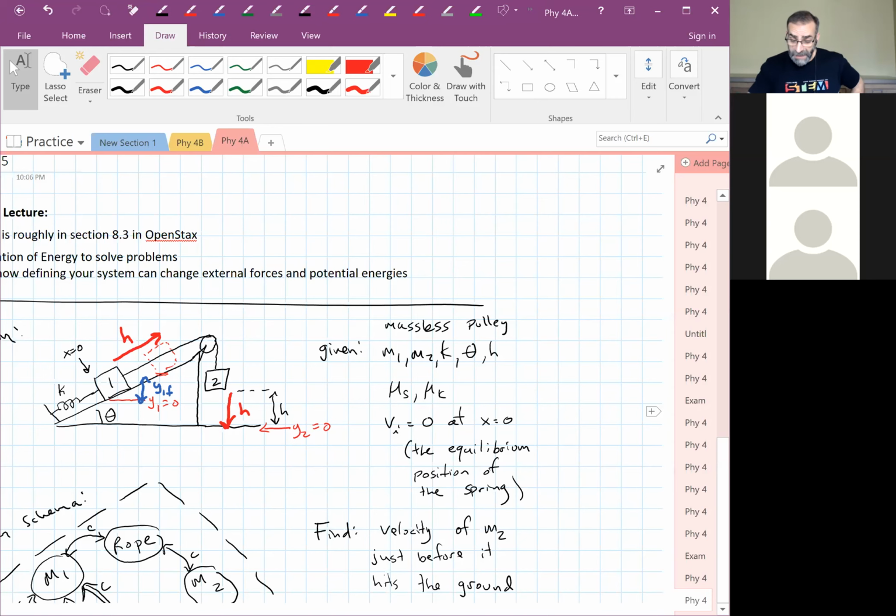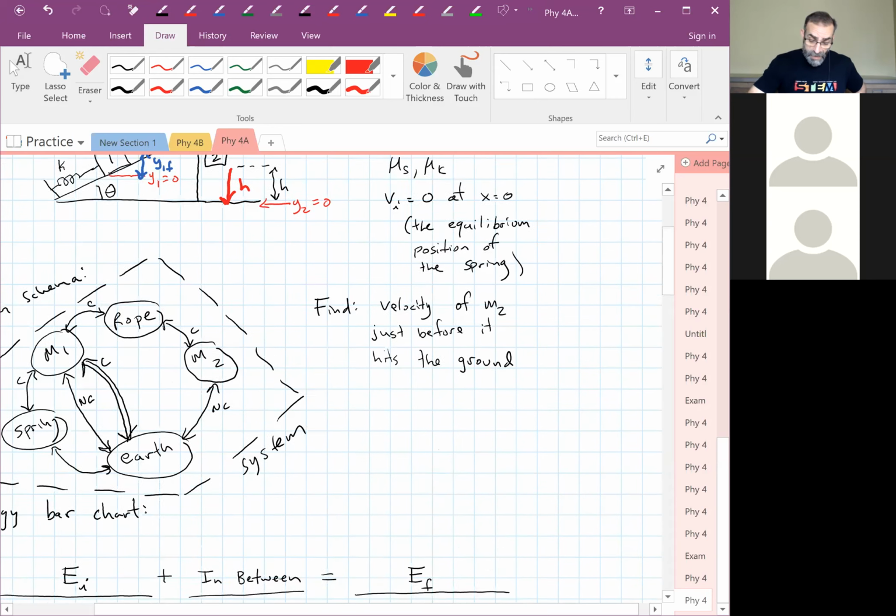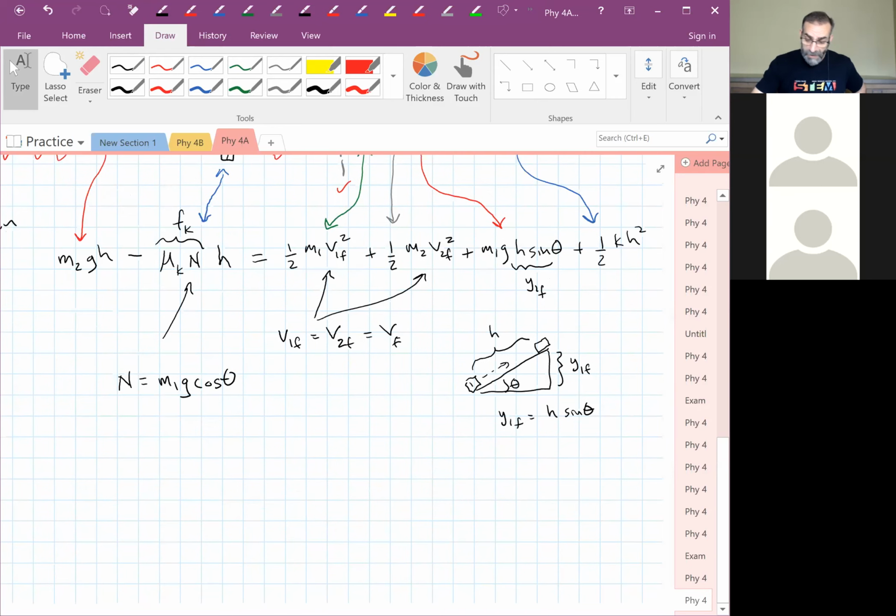Spring force being negative. Spring force, I almost never use negative spring force. I almost never treat it like a vector. I just get the direction from the situation, and then I define whether it's positive or negative.